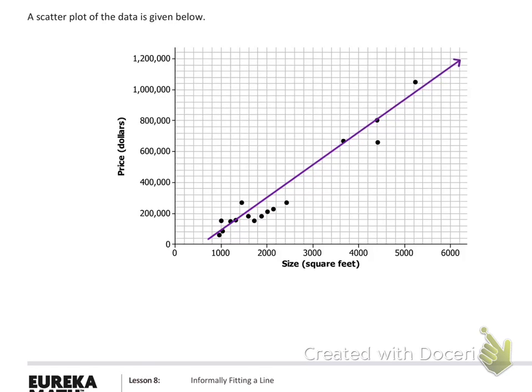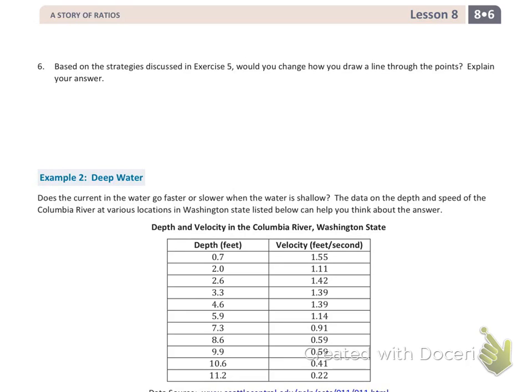That seems like, in general, a good strategy. And I could still keep in mind some of the other strategies, like points above and below the line. That's a way of making sure I'm showing something that represents most of the data pretty well. Okay, so that's sort of our general method.